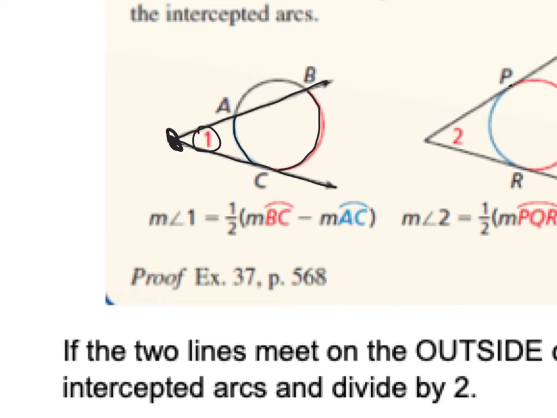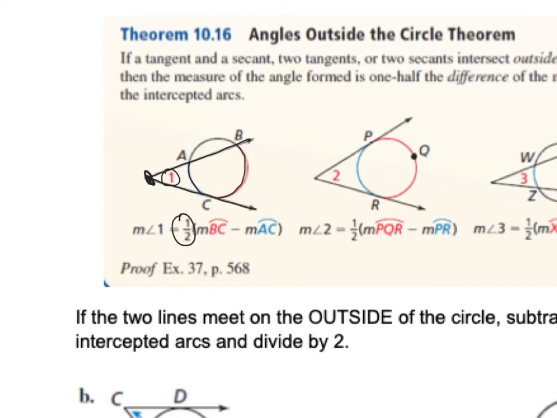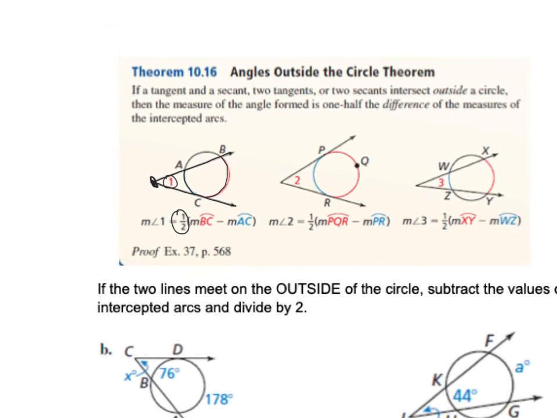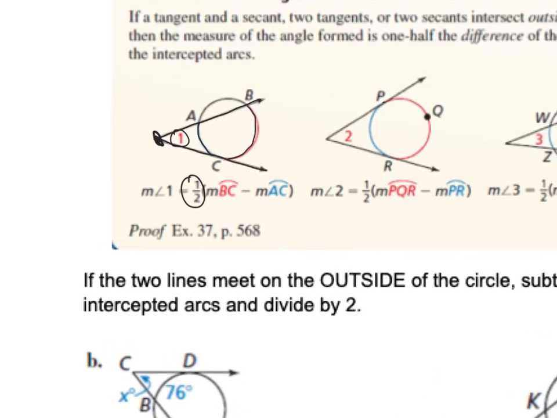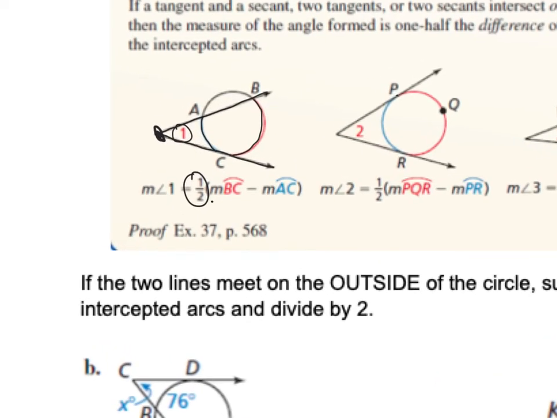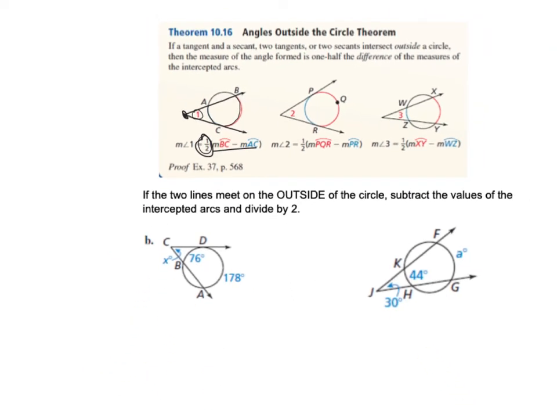You're going to subtract the two arcs and divide by 2. It's the same thing whether it's a secant and a tangent, or two tangents, or two secants, however it happens to be. You're going to find the two arcs that they intercept, subtract them, and then divide by 2. So I've put that in simple words here: if two lines meet on the outside, subtract the values of the arcs and divide by 2.